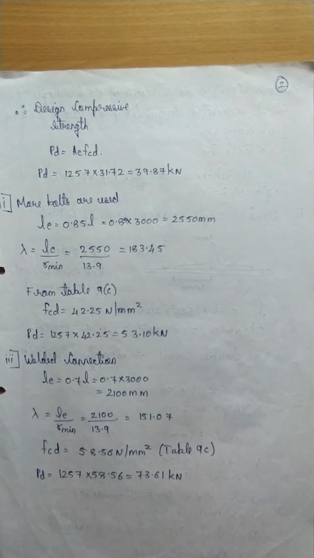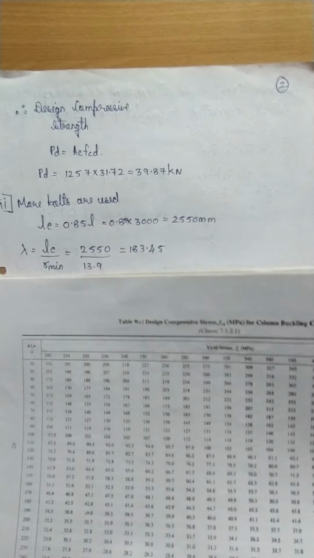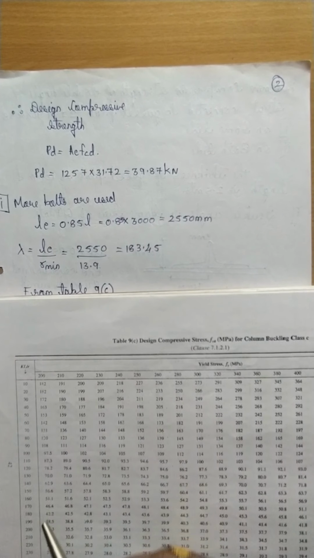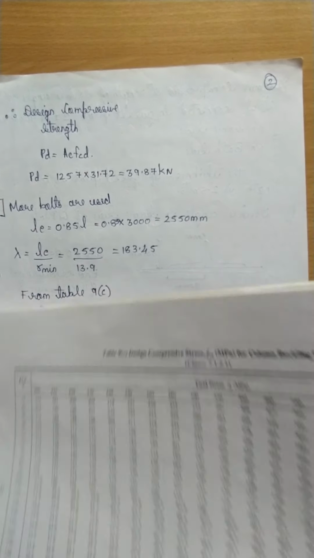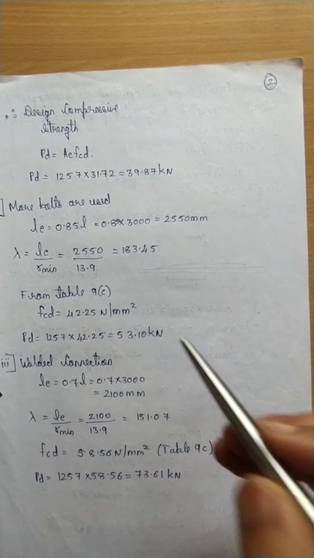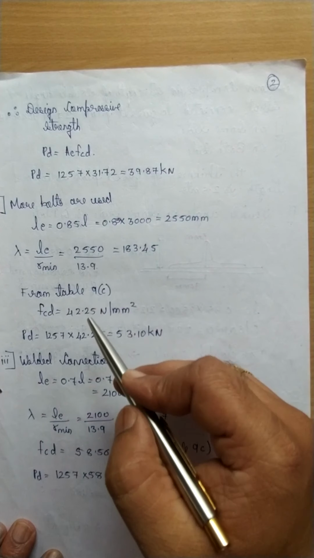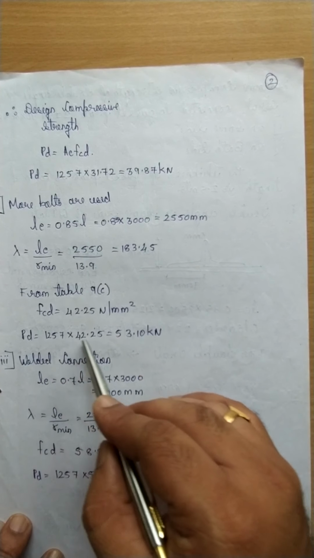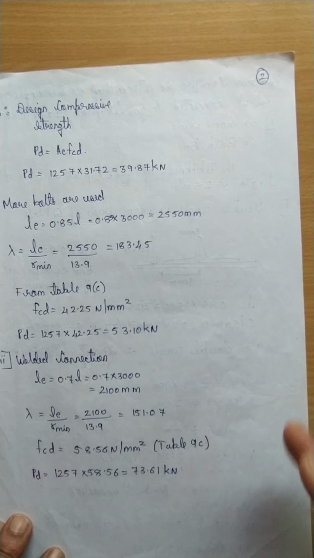Again it is an angle section, so buckling class C. Again referring to table number 9C, for fy 250 and the computed lambda 183.45, we have 180 and 190. So, it is in between 43.6 and 39.7. We interpolate and get fcd equal to 42.25 Newton per mm square. So, PD is equal to this multiplied by area. So, we got it. Next is the welded connection.